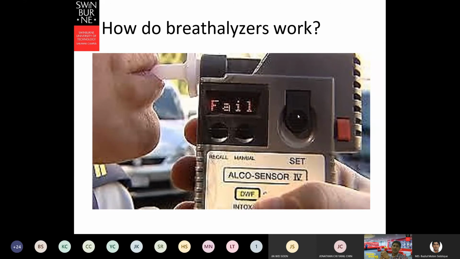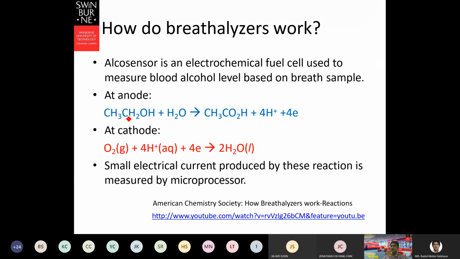So what happens here? There is no chemical test done in a lab, but there is an electrode method, an electrochemical process. There are electrodes, that is the anode and the cathode, right?